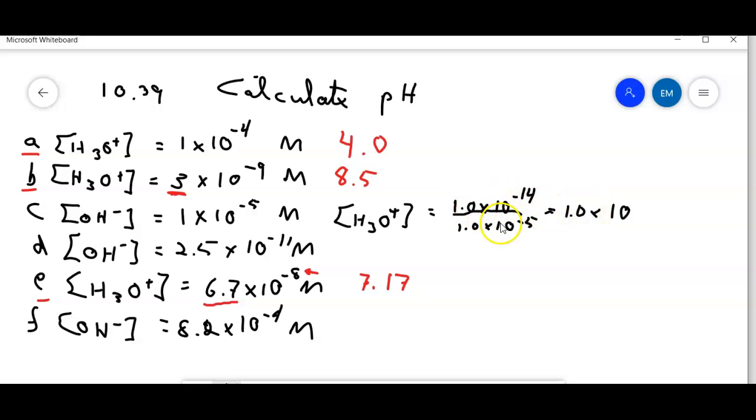I'm not going to erase all these things, but I should be using 1 times 10 to the minus 9 here. You take the logarithm of that, it is minus 9, and the negative logarithm is going to be 9. So the pH is going to be equal to 9. There's only one significant figure here.